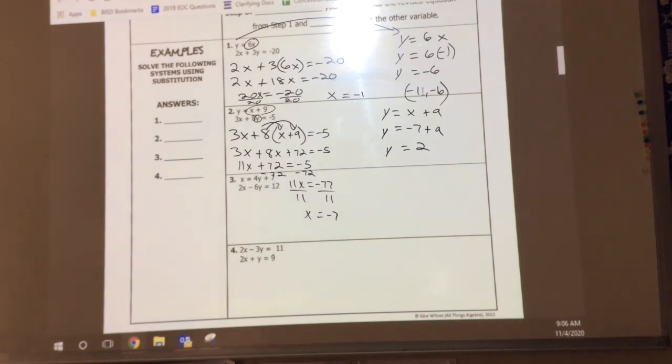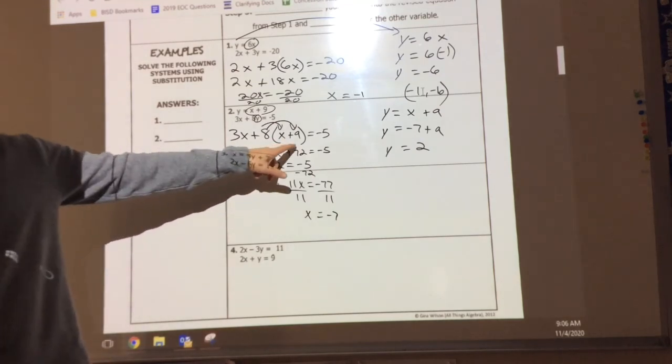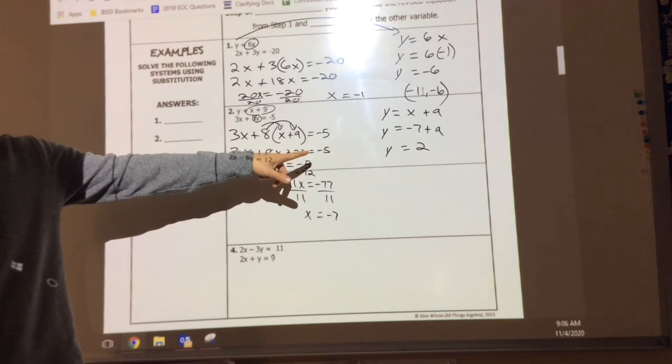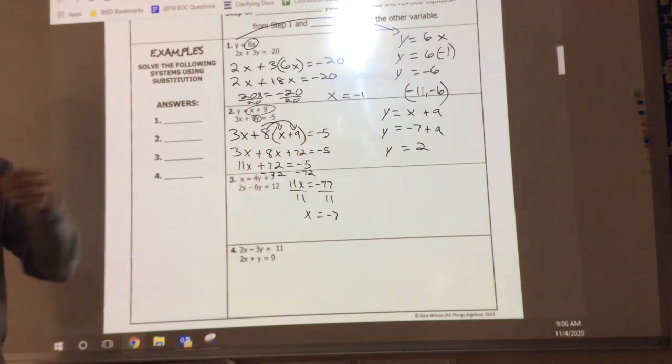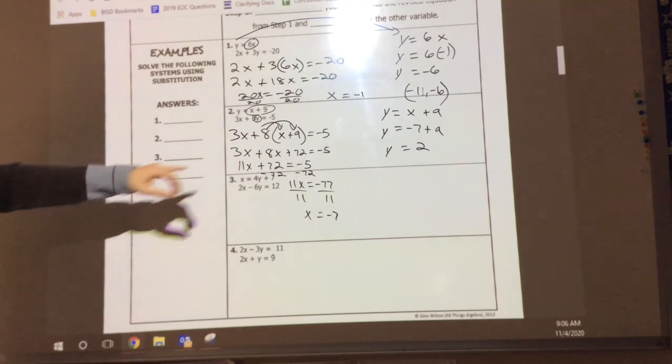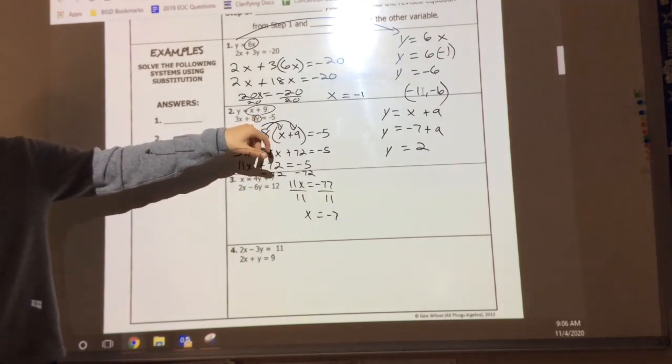Yes, Stephen. So whenever you put it down in parentheses, do we have to do that? Because if we don't put it in parentheses, wouldn't it just be 8x plus 9? Yes, then you'd have 8x plus 3, which is 11x plus 9. But then if you subtracted 9 from both sides, you're going to get something different. And so the reason I want you to do that is because the y is being multiplied by 8.